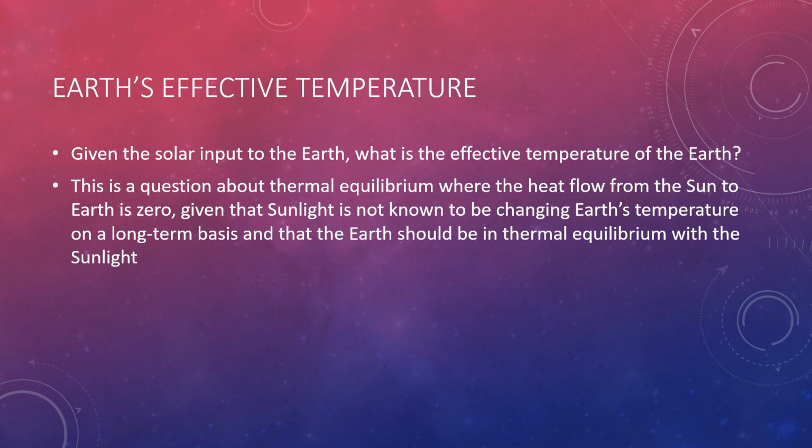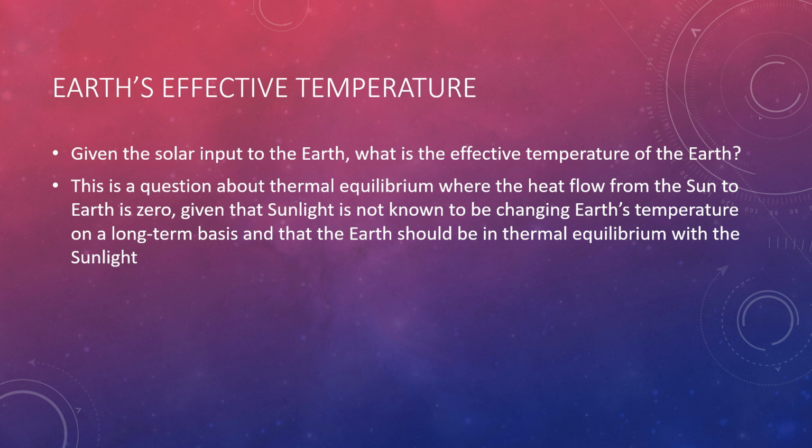This is a question about thermal equilibrium, where the heat flow from the sun is equated to zero, given that sunlight is not known to be changing Earth's temperature on a long-term basis, and that the Earth should be in thermal equilibrium with the sunlight, given the billions of years that sunlight has been falling on the Earth. Now, this is still not to say that magnetic changes in the sun can't have an effect on Earth's temperature, because apparently they do through modulation of inner solar system cosmic ray flux, which is modulated by magnetic activity on the sun.